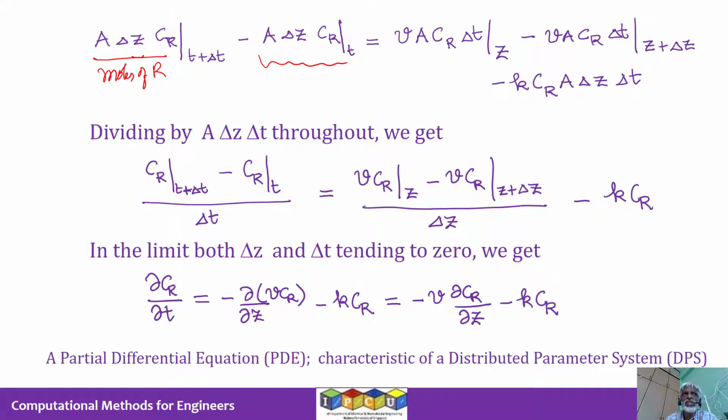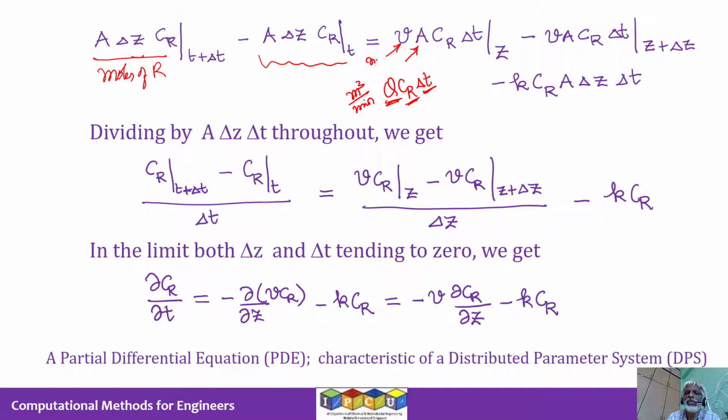In the case of CSTR, we would have written Q CR delta t, where Q is the volumetric flow rate, CR is the concentration, and delta t is the time. Kindly look at the previous examples. Here, instead of Q, which is the volumetric flow rate in meter cube per minute, we are going to replace Q by velocity times cross-sectional area.